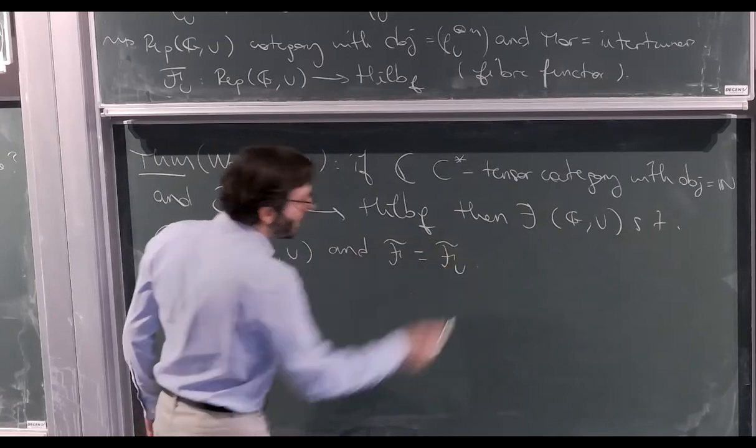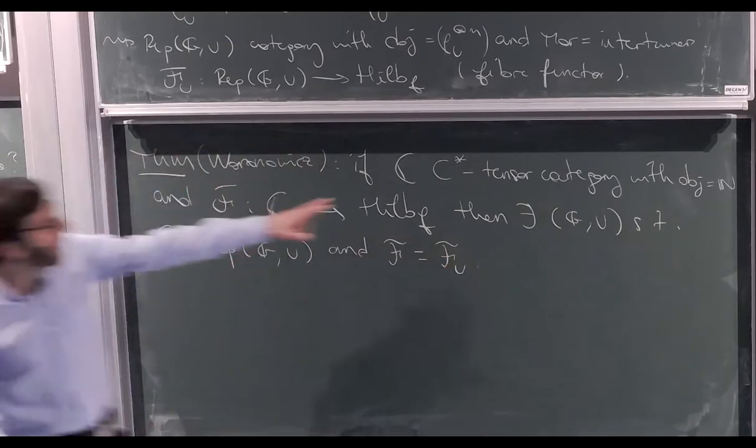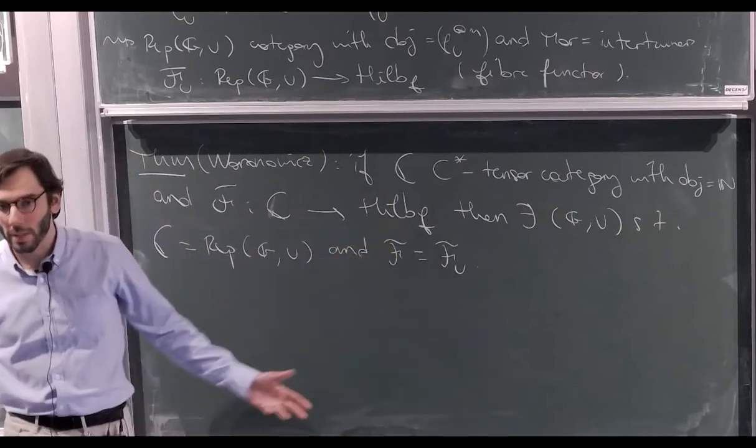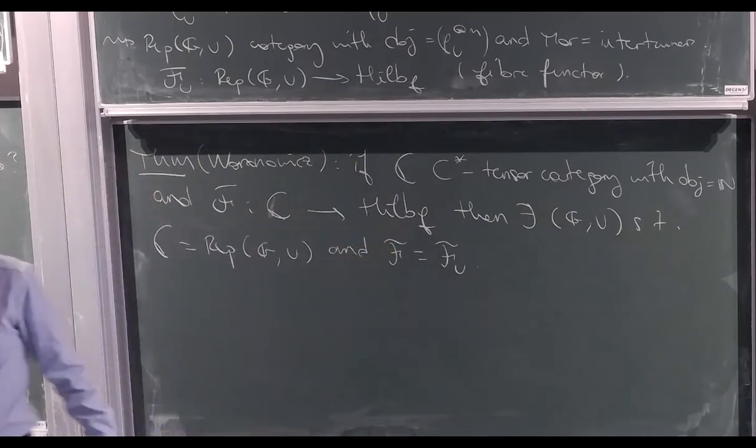So basically, C-star tensor categories with a fiber functor to the Hilbert spaces is the same as compact quantum groups.